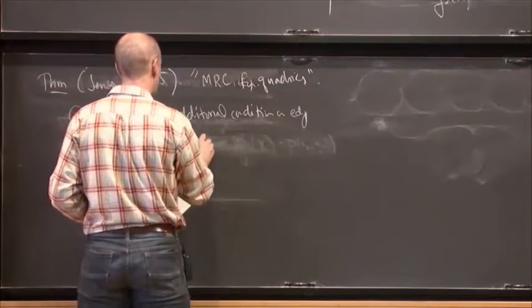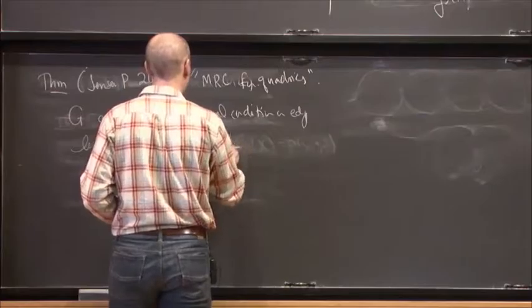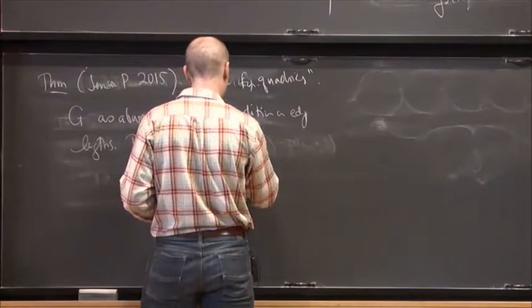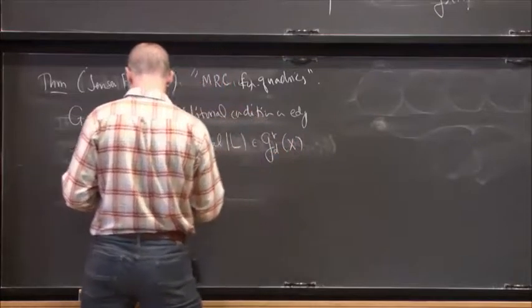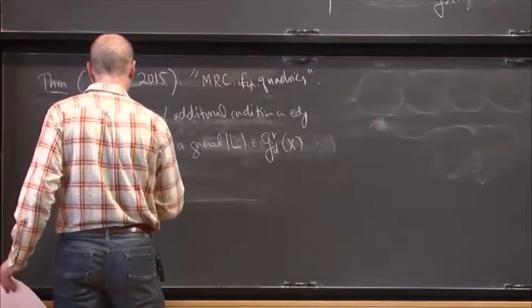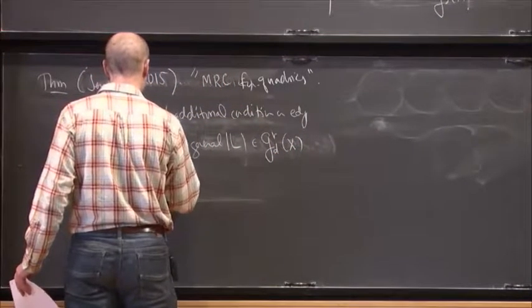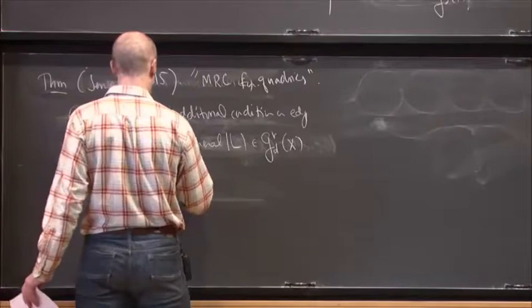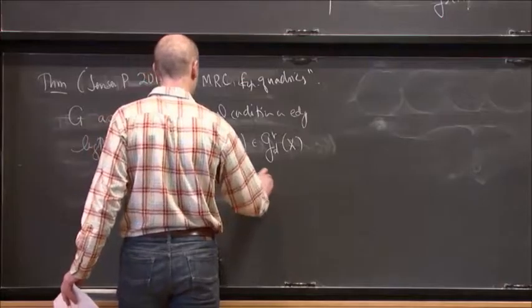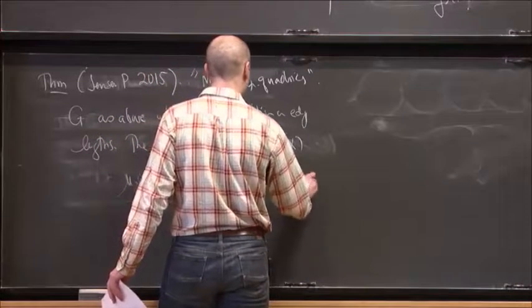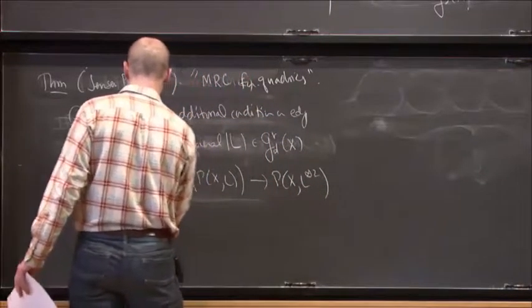we can say that for a general, and we can say specifically which general ones we're allowing, we just have to construct one. So for a general L in G^r_d of X, the multiplication map, so this is from Sym^2 of global sections to global sections of the second tensor power, has maximal rank.